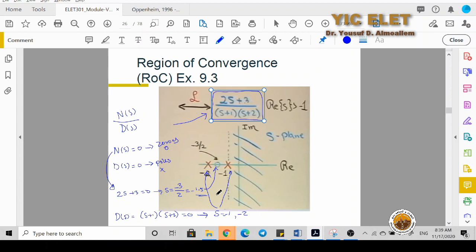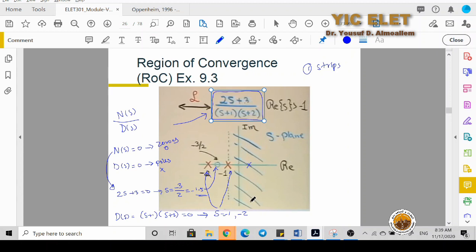There are some rules for defining this region of convergence. The first rule: the region of convergence will be like strips, vertical strips like columns from top to bottom. If it is converging for one certain omega, so omega is equal to 0, it will converge for all different values of omega, from minus infinity to plus infinity.